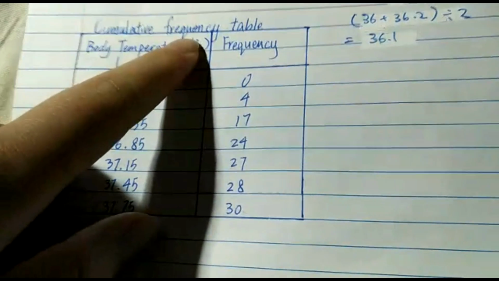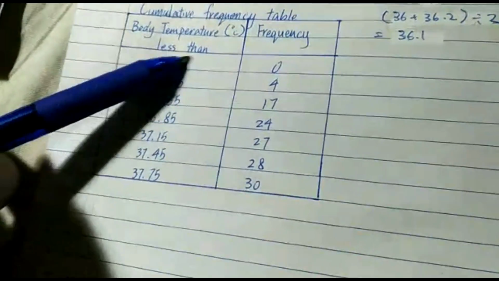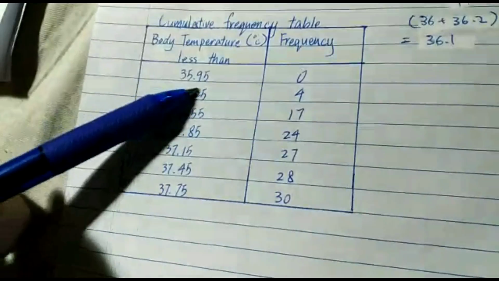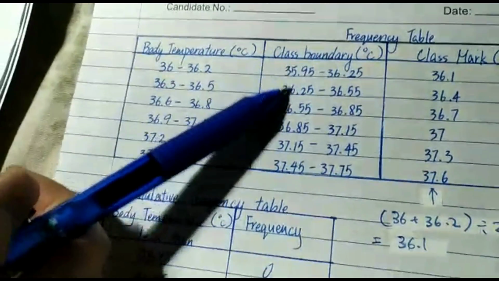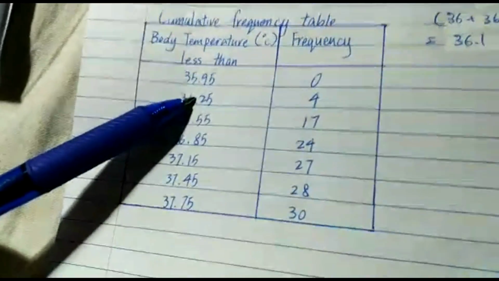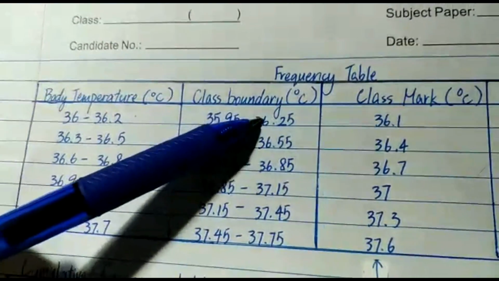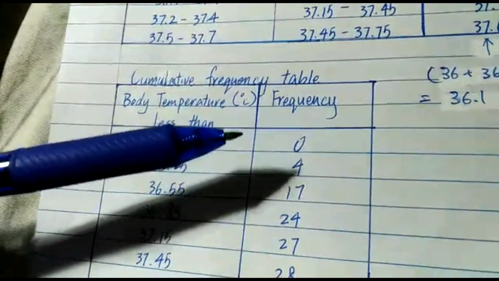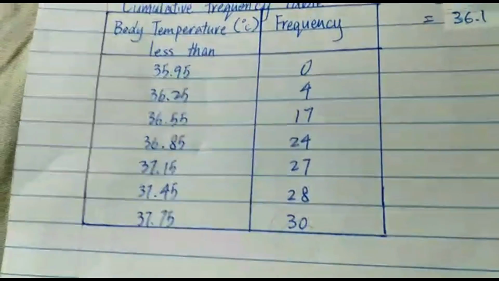The first number is the first lower class boundary, and then the second number is from the upper class boundary of the first class, and so on. We have to write all the upper class boundaries here. Then, because no data should be before 35.95, the frequency is 0.